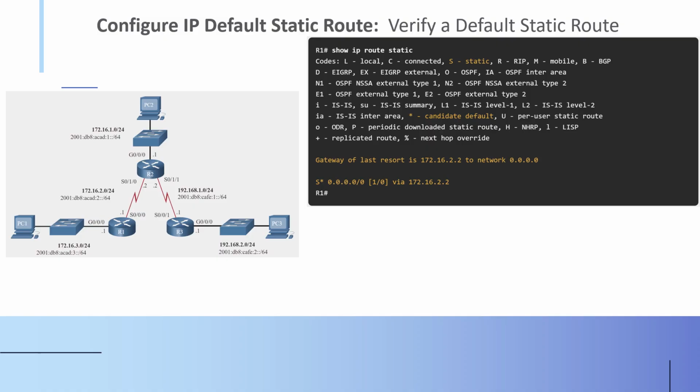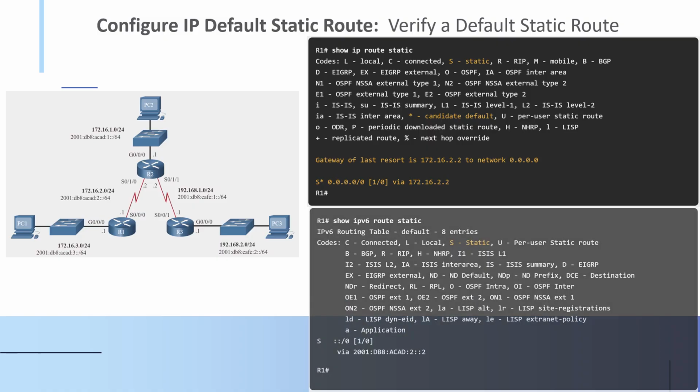We can see the asterisk next to the route code S, which means that this is the static route indicated as a default route candidate, which means that it is selected as the gateway of last resort.